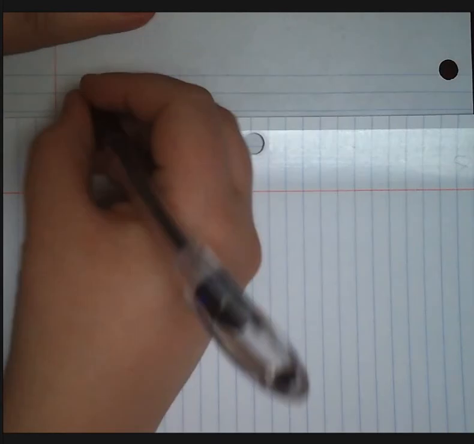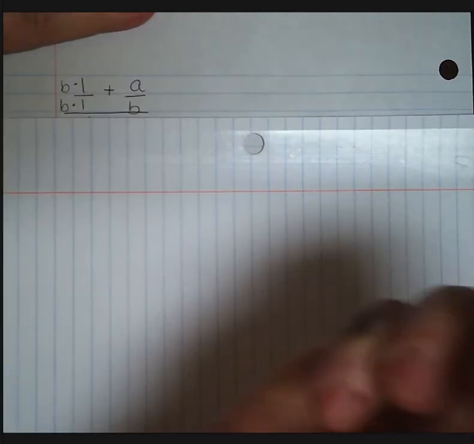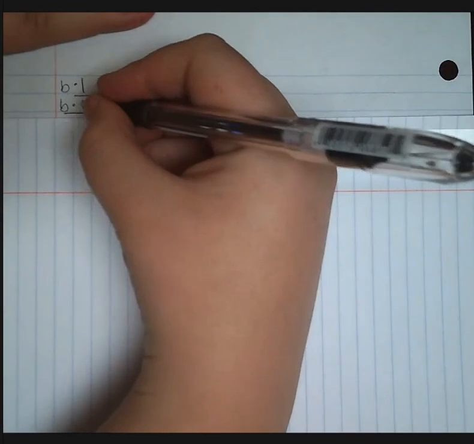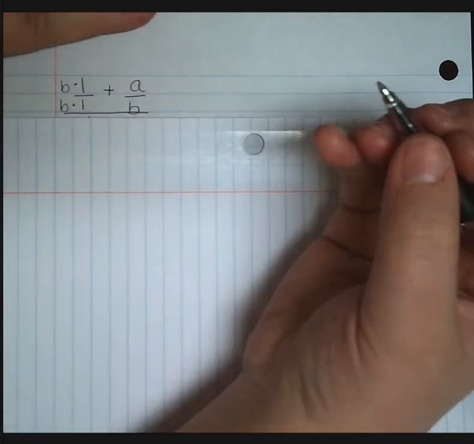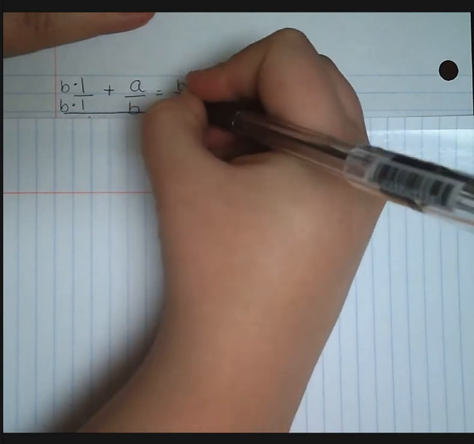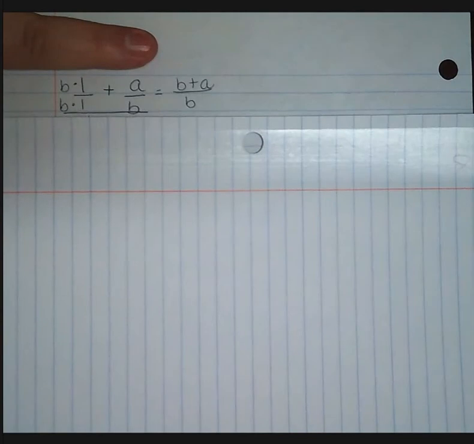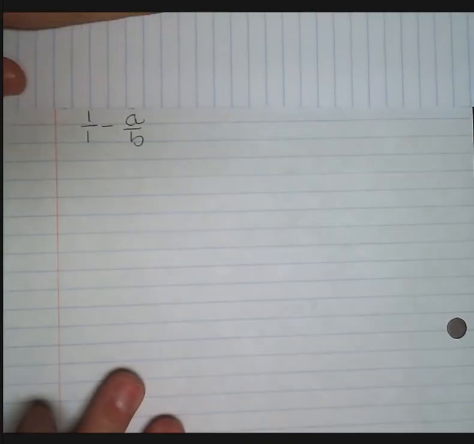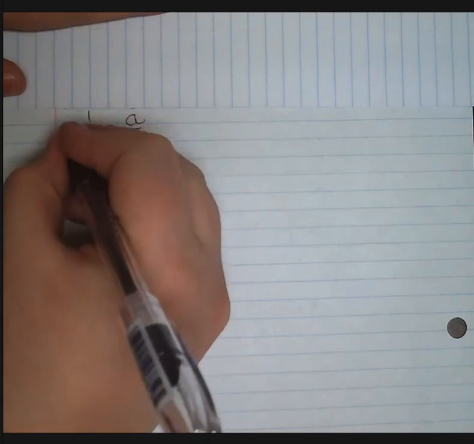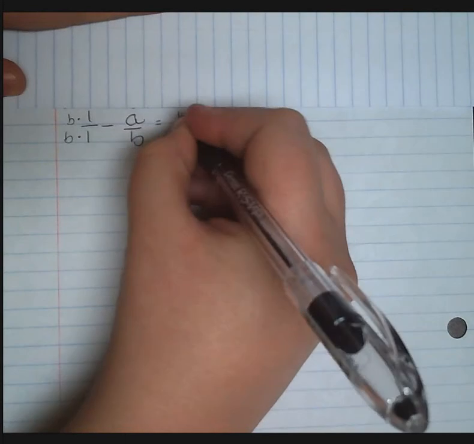So we're going to multiply this side by the b's. Okay? Common denominator between 1 and b is going to be b. So I get b plus a over b. And then for my denominators, my common denominator is b, so I multiply this side by b's, which gives me b minus a over b.